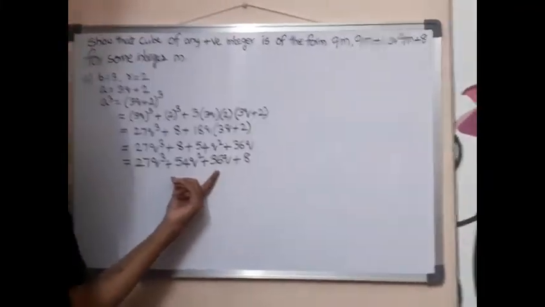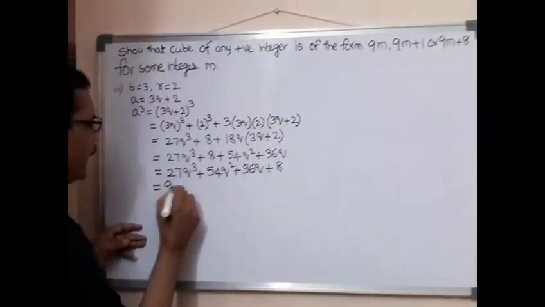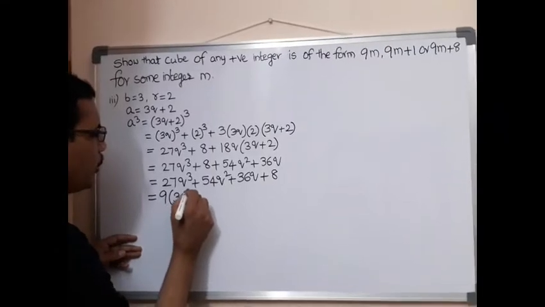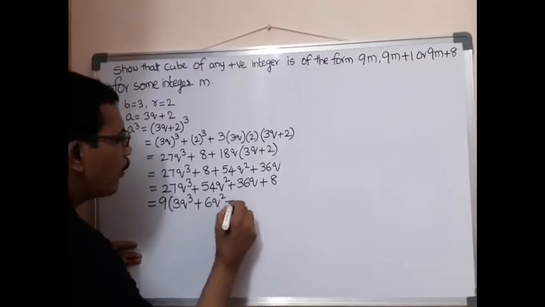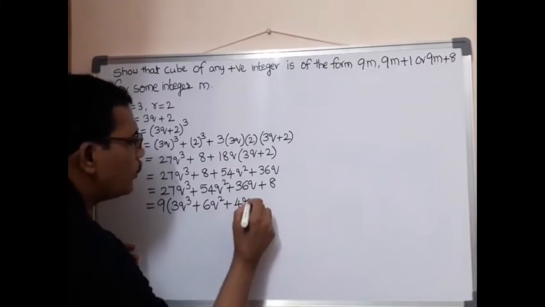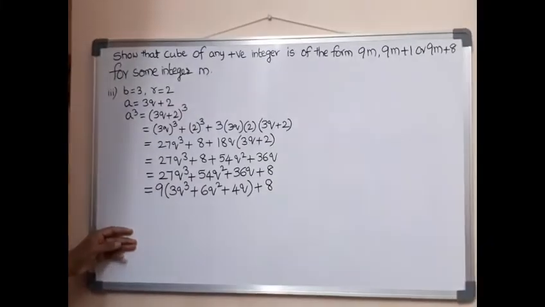In the first 3 terms, taking 9 common. 9 of 3q cube plus 6q square plus 4q, and the last term is as it is.